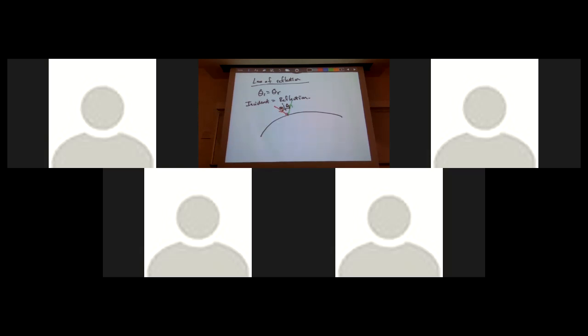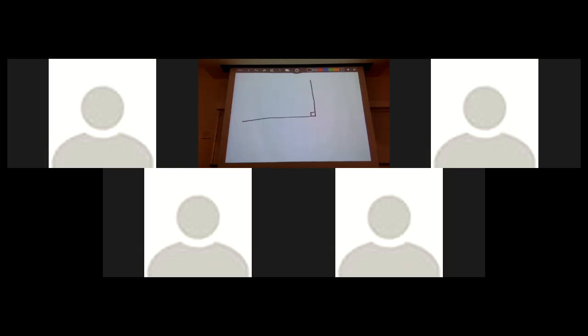So anytime I have incoming light hit something and bounce back into the same medium, the angle of reflection is simply equal to the angle of incidence. That's it. So let's do an example. This example says that we have two mirrors.